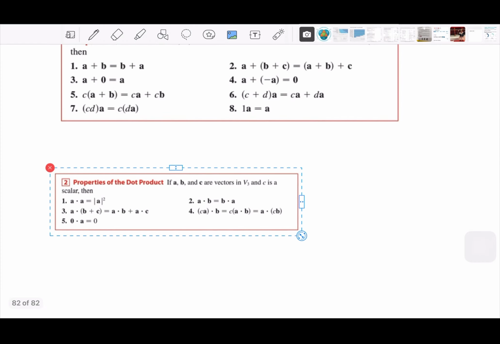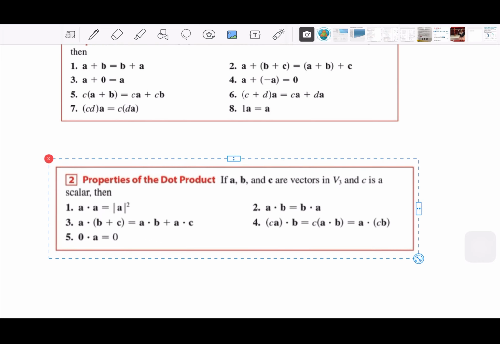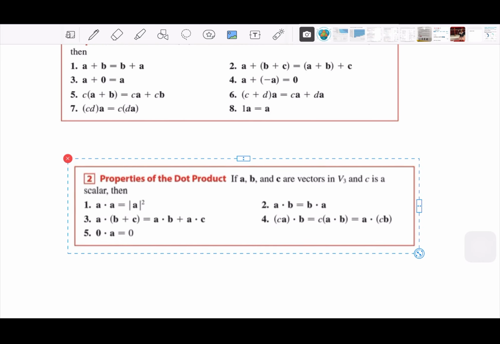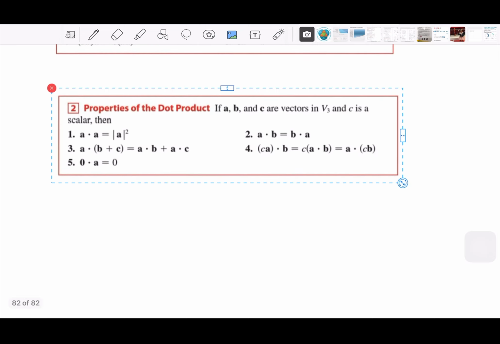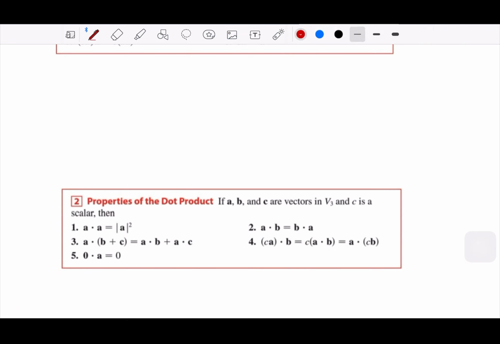And the other idea is about the dot product. Let me just give you this property of dot product. What is dot product? Or maybe before this, let me take some notes here.